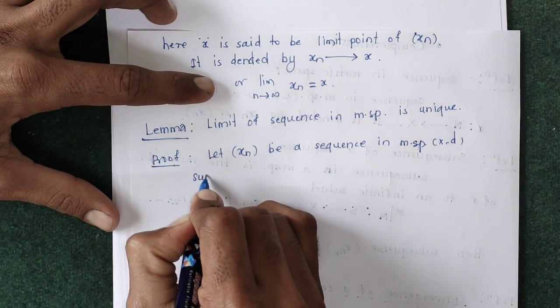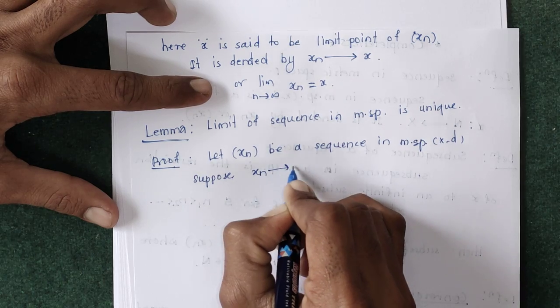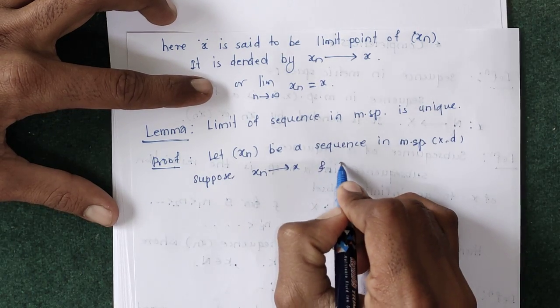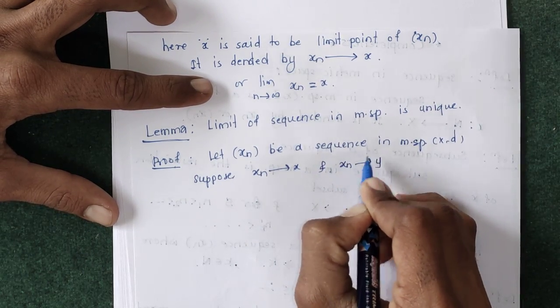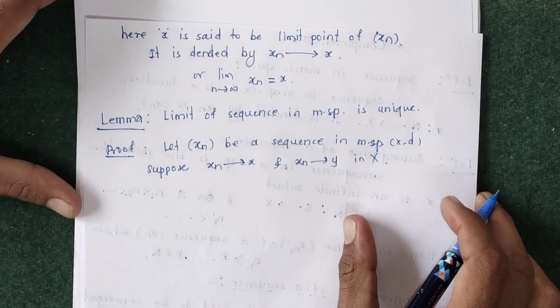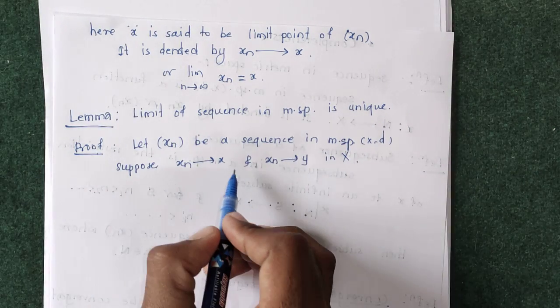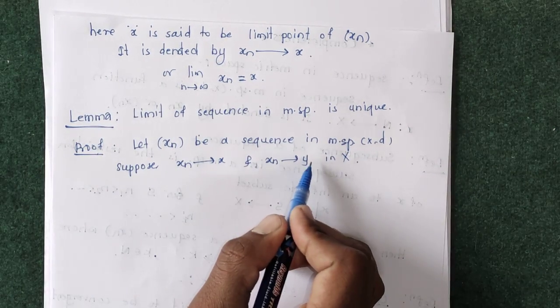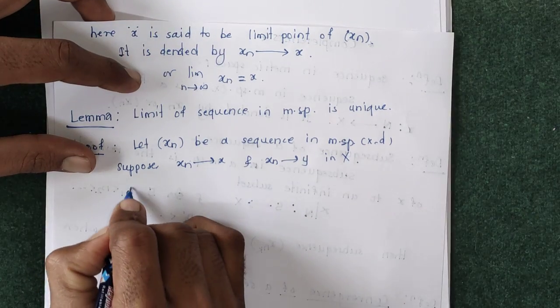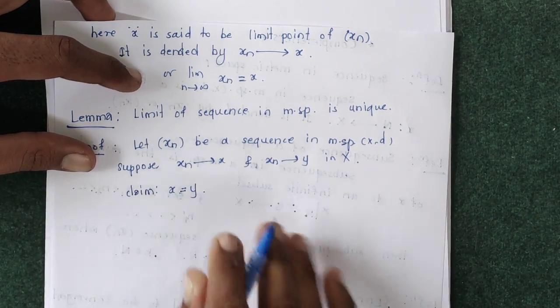Suppose the sequence xn converges to x, and that sequence xn also converges to y in X. Now we have to show that this x is equal to y. So our claim is x equals y.